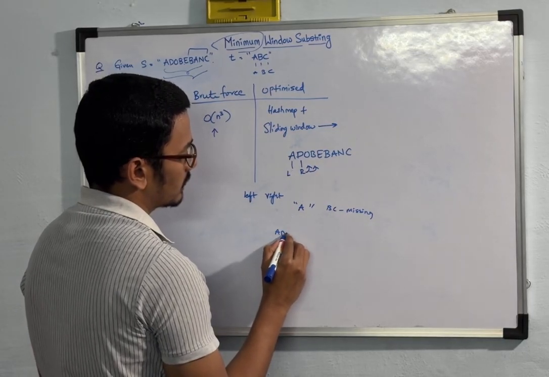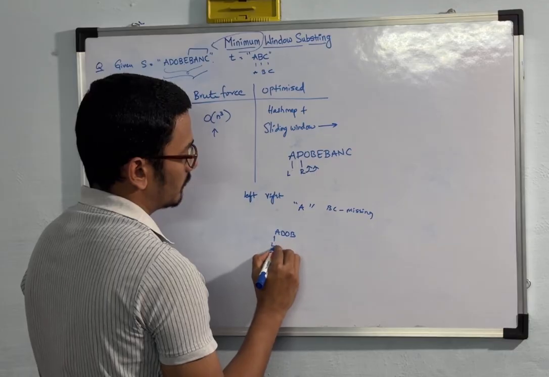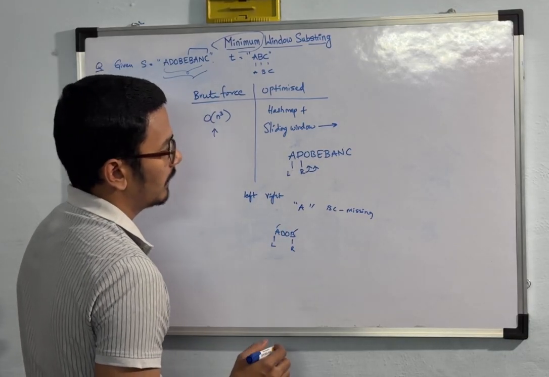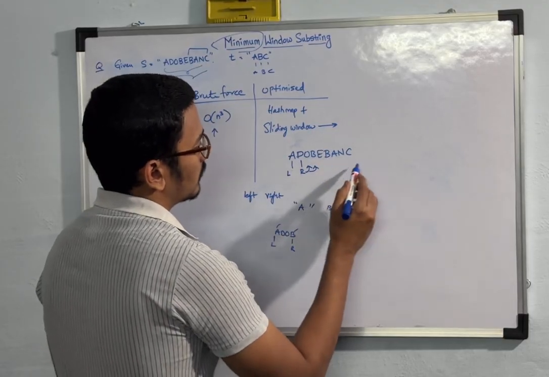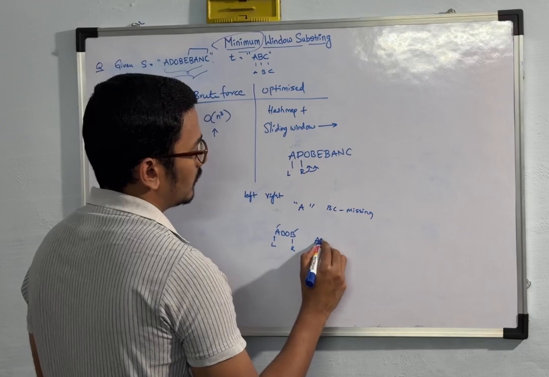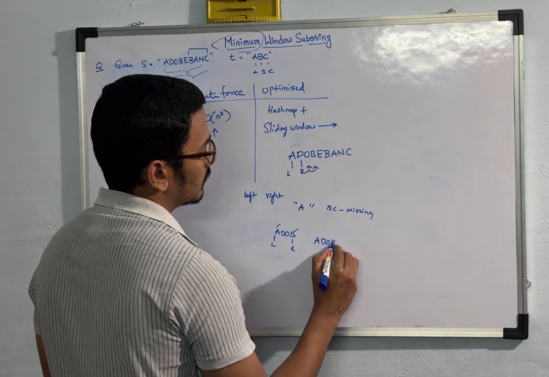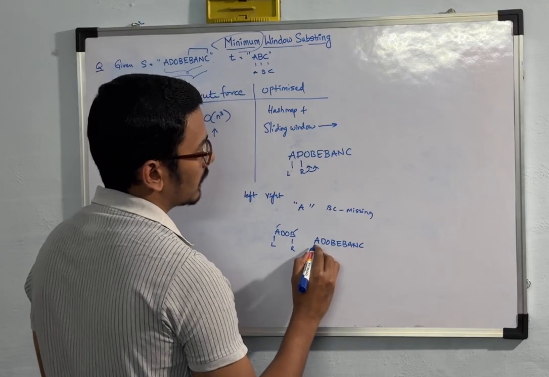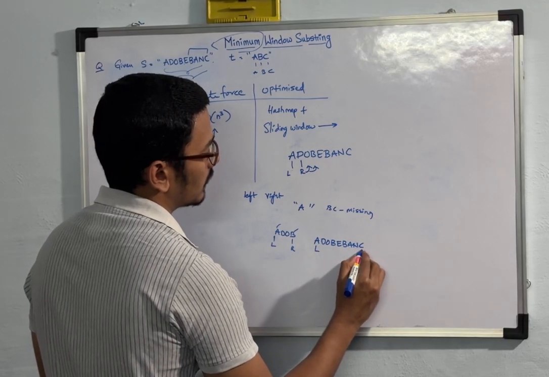If I take ADOB, left is here and right is here. In this we have two things, A and B. Like this we keep on increasing until ADOBEBANC. We found a range, with left here and right here.